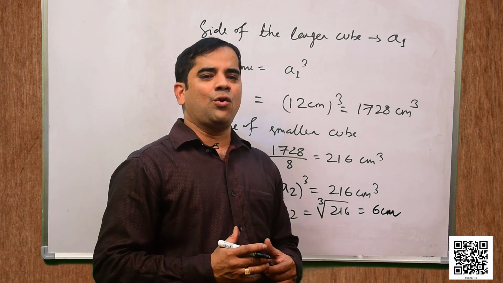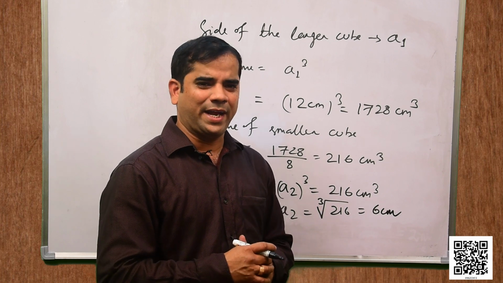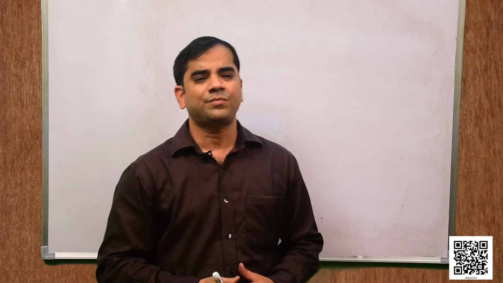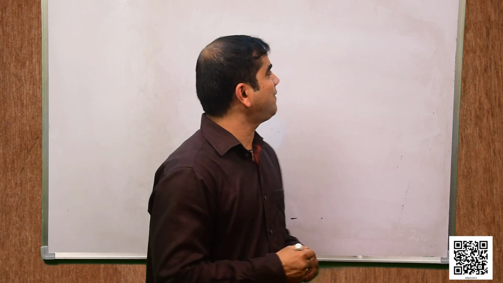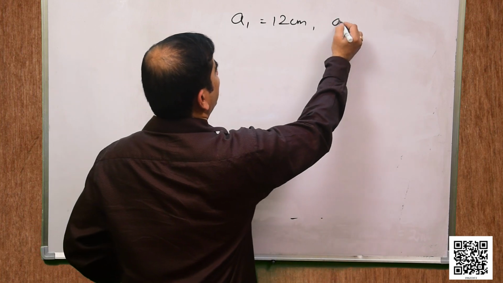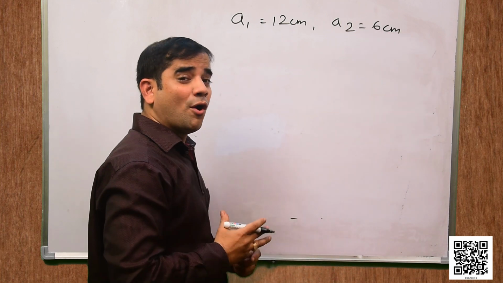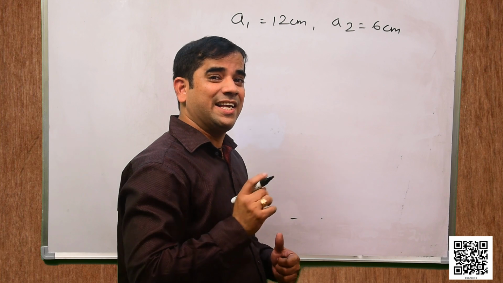Now, we need to find the ratio of their surface areas. Okay, let us find it out. So, students, we have A1 equal to 12 centimeter and A2 equal to 6 centimeter. What is the formula for surface area? 6A square.